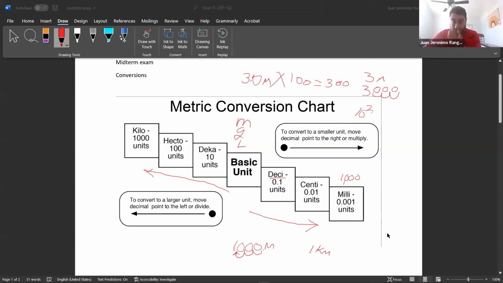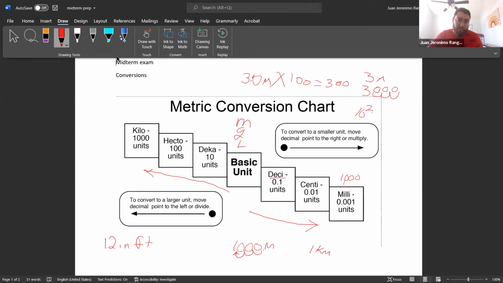prep. Okay. So I might ask you to convert between US customary units to metric, or between metric units. So let's take, for instance, 12 inches to feet.